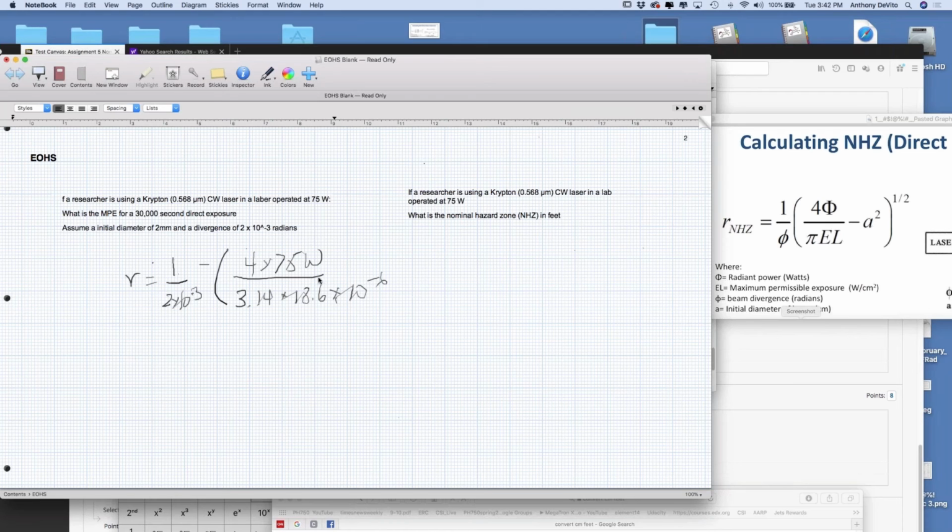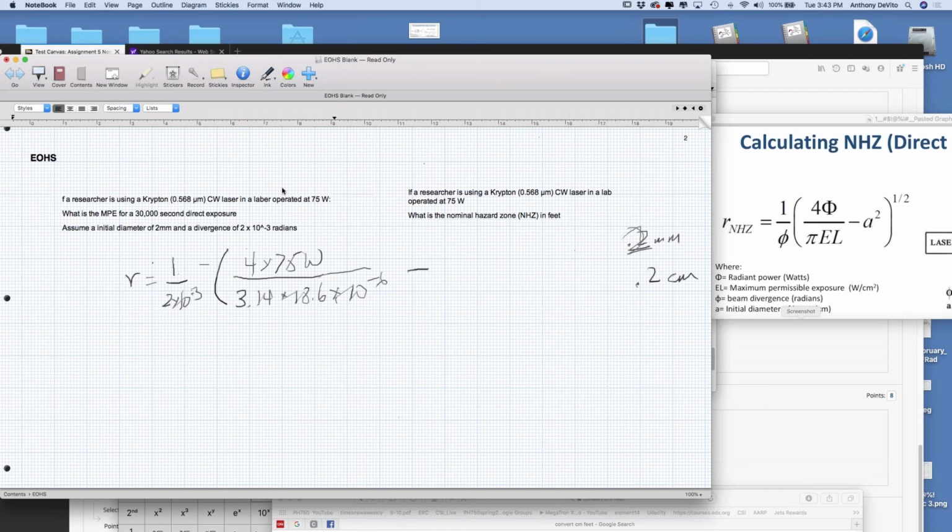Minus the starting beam diameter, which is very small. It doesn't spread out very much. It's 2 millimeter diameter, initial diameter. I'm going to convert that right now. 2 millimeters is the same thing as 0.2 centimeters.